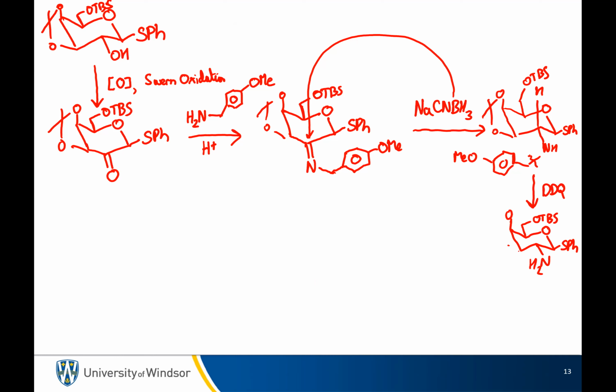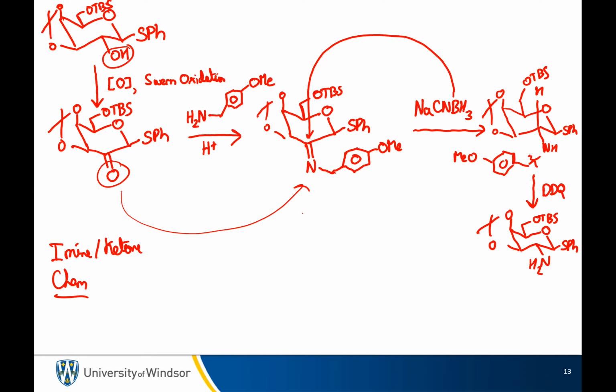So if I wanted the mannose-amine, so this is imine, ketone. Okay. So what we've done is we've oxidized up the OH to a ketone. We've transferred the ketone to an imine. We reduced the imine to an amine. And then we hydrolyze off the protecting group to give us the free amine.